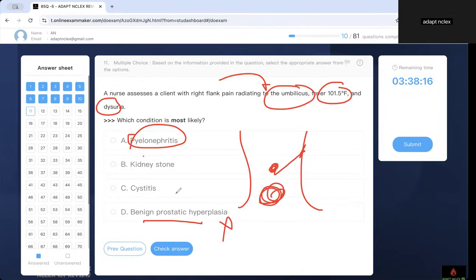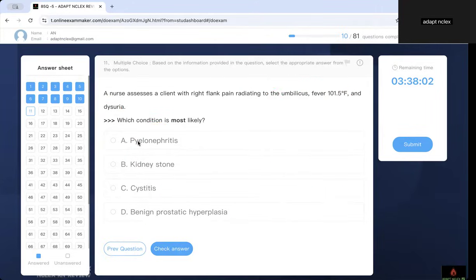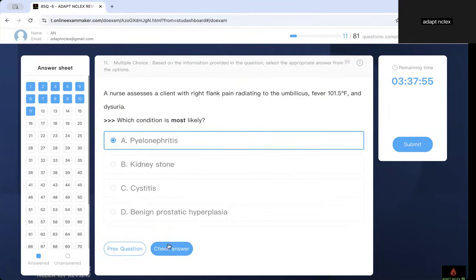That's a bladder infection. It's gone. Kidney stone, you may have flank pain, but it goes where? Into your groin. You see, location. By default, number 1 is your answer. That's the one you're going to pick because the pain is going to your umbilicus and you have fever, you have dysuria. This is a bad kidney infection. This is the true kidney infection.